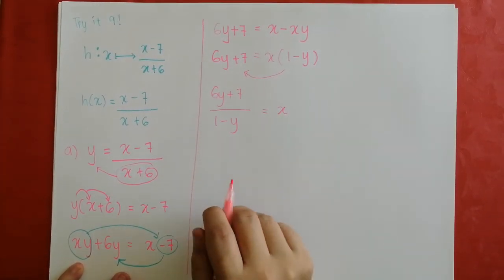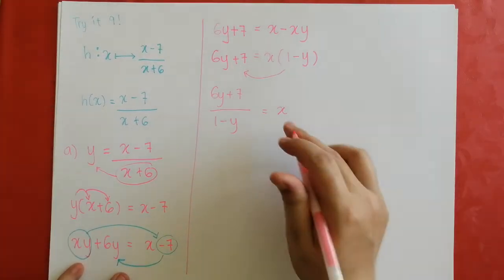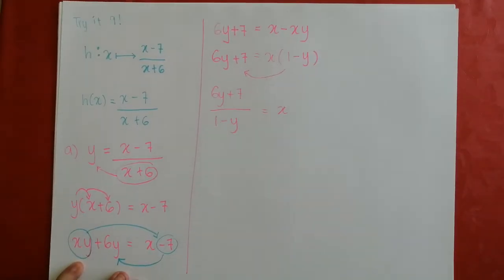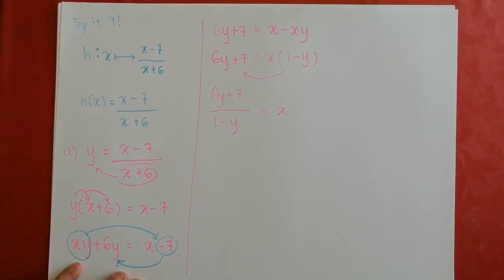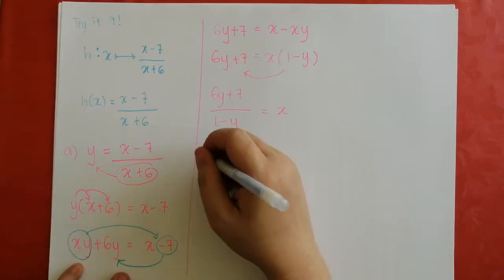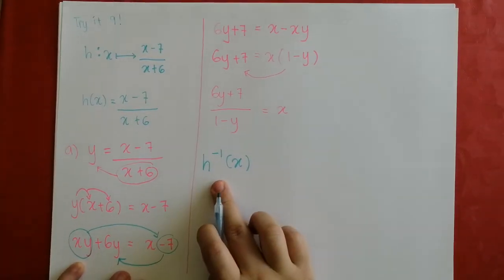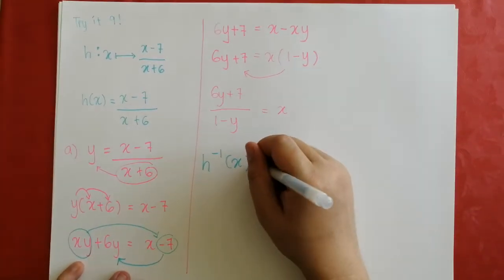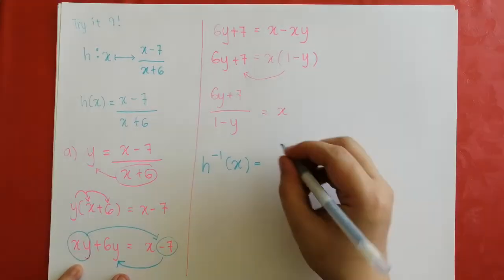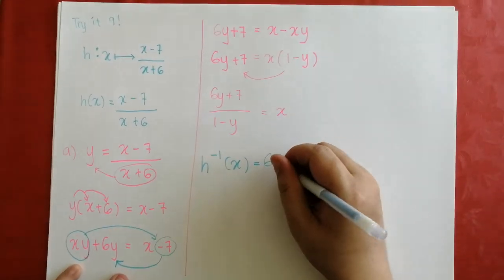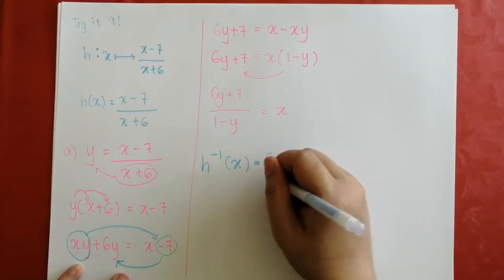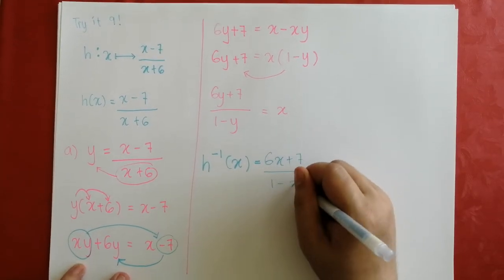Then finally the third step will be to replace. Replace x to become our inverse function. It's defined by h, so therefore you have h inverse of x. So replace h to become the inverse function, and replace all the y with x. So you have 6x plus 7 over 1 minus x.